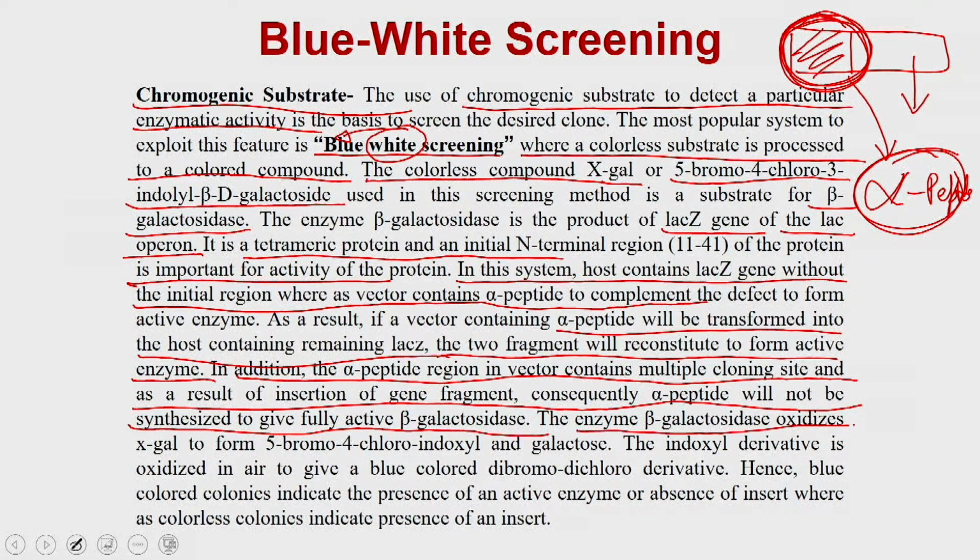The enzyme beta galactosidase oxidizes X-gal to form 5-bromo-4-chloro-indoxyl and galactose. The indoxyl derivative is oxidized in air to give the blue dibromo-dichloro derivative, hence the blue color indicates an active enzyme and absence of insert, whereas colorless colonies indicate presence of an insert.